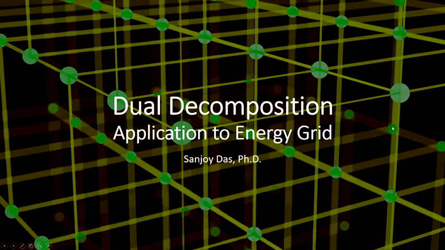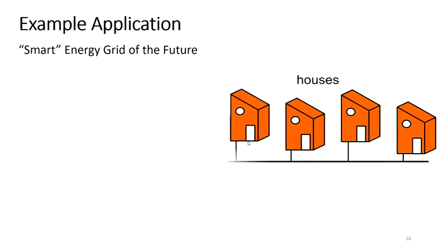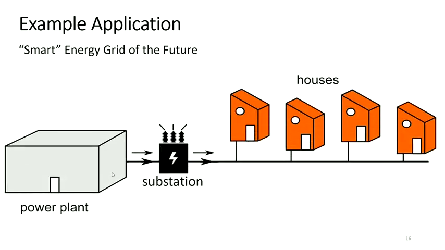Okay, and we applied this method to the energy grid. Some of you are in power systems, so you would appreciate this. So this is the energy grid of the future. Okay, we have a power plant, the source of power, and then the substation. This will be the main processor.